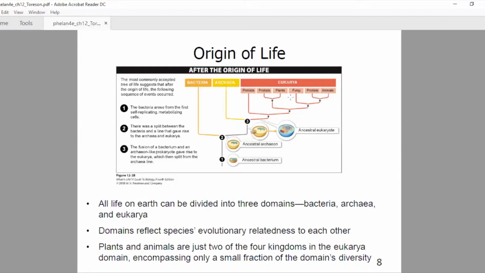So all life on Earth can be divided into 3 domains: bacteria, archaea, and eukarya. Again, bacteria are those prokaryotic cells, and eukarya or eukaryotic organisms have eukaryotic cells. These domains reflect the evolutionary relatedness of various species. So looking at this domain, I see that animal and plant cells are more closely related than, say, animal and bacteria cells.